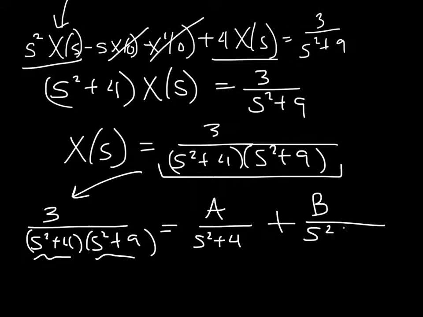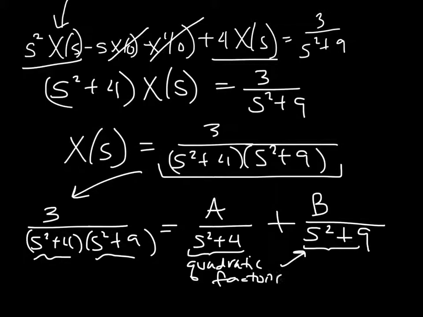And then we have s squared plus 9. Now, this is a quadratic factor. Both of these are quadratic factors, because they're not linear factors; the degree of the polynomial is 2.